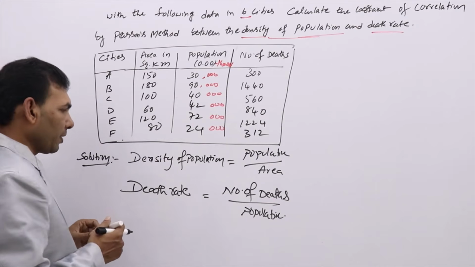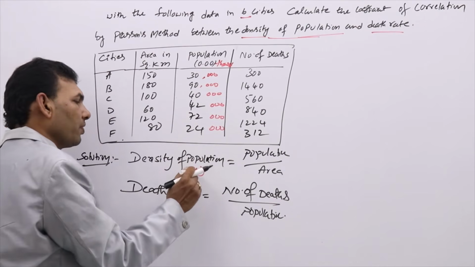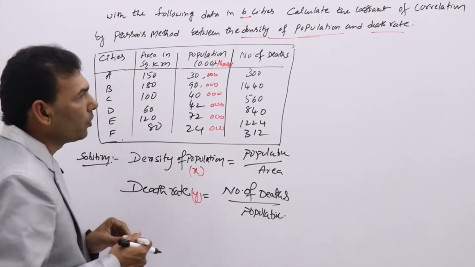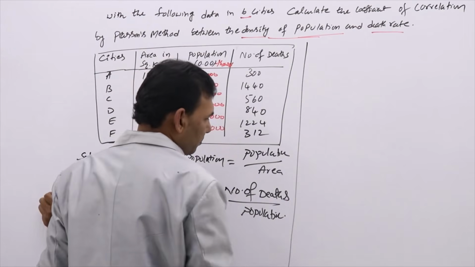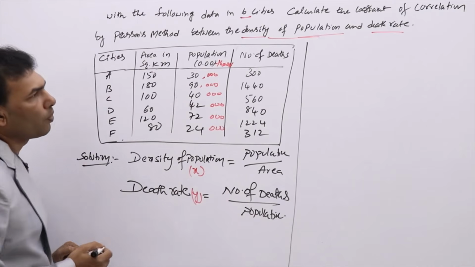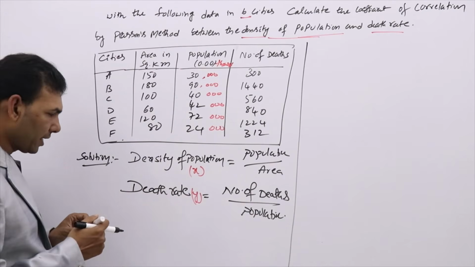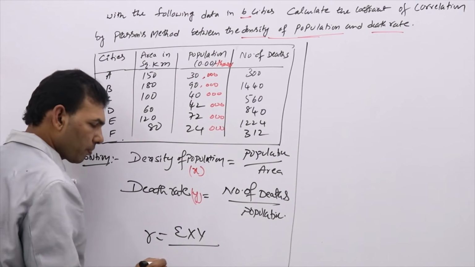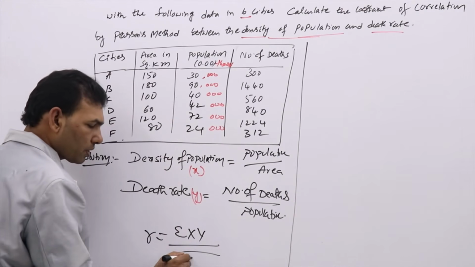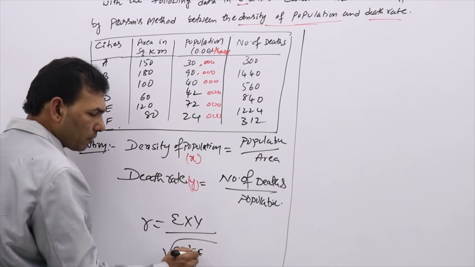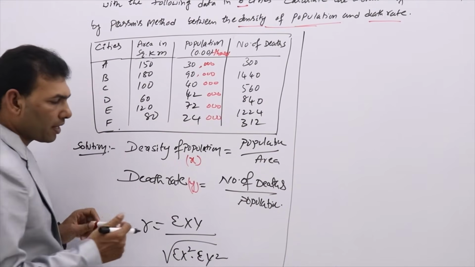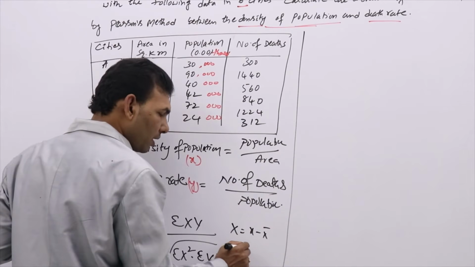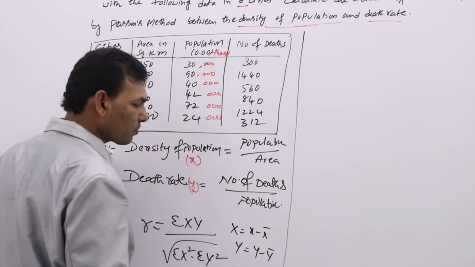Now we are taking density of population with X, death rate with Y. Now we are going to calculate the coefficient of correlation table. To calculate small r, we have the formula sigma xy by square root of sigma x square into sigma y square, where capital X is x minus x bar, capital Y is y minus y bar.